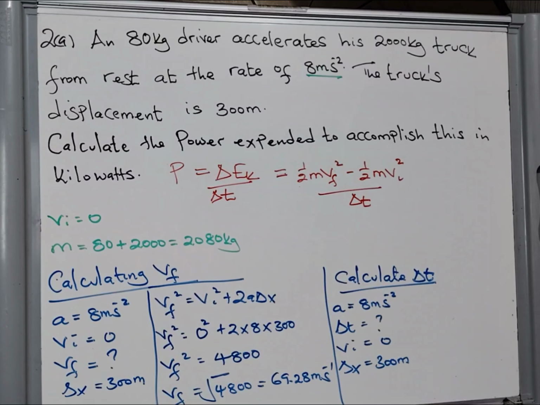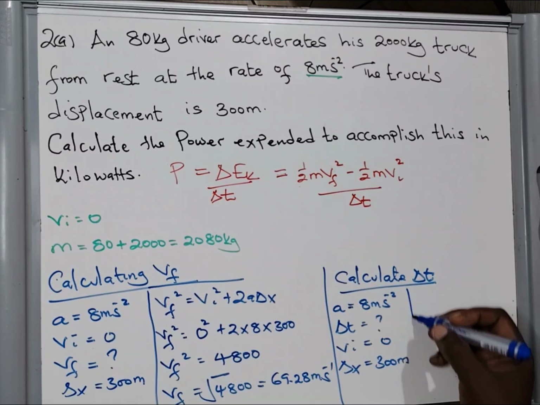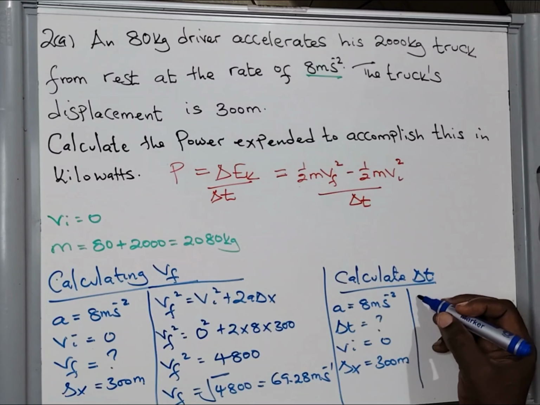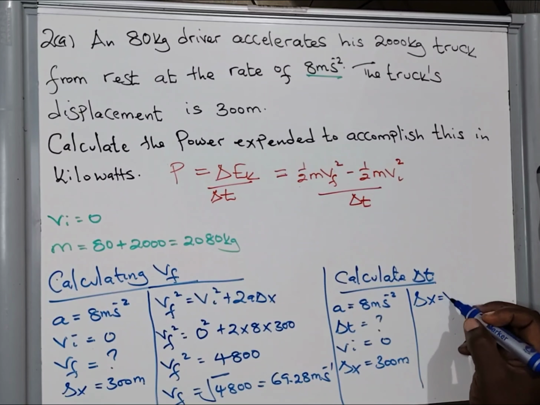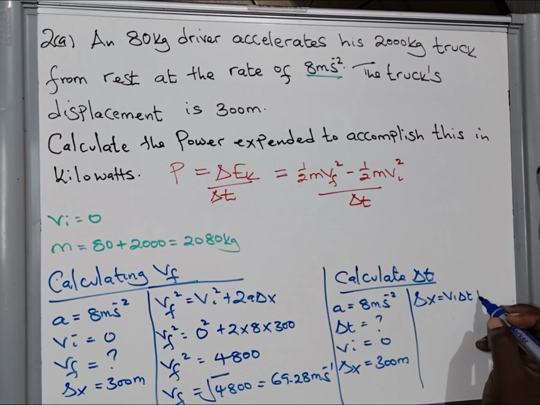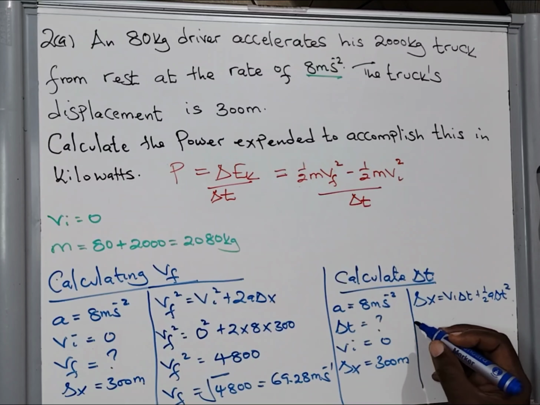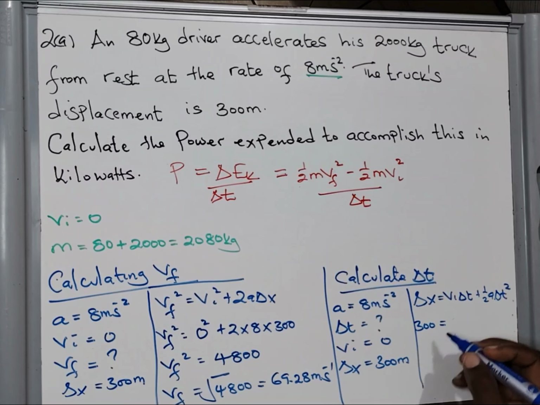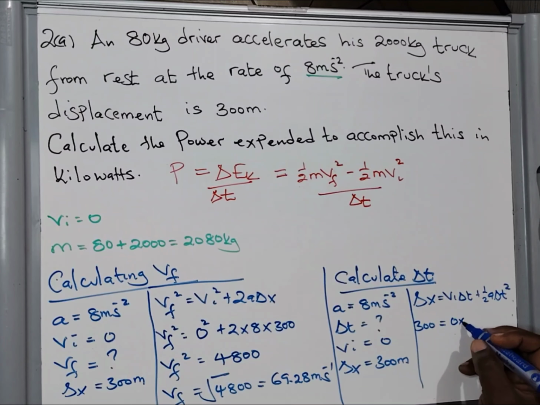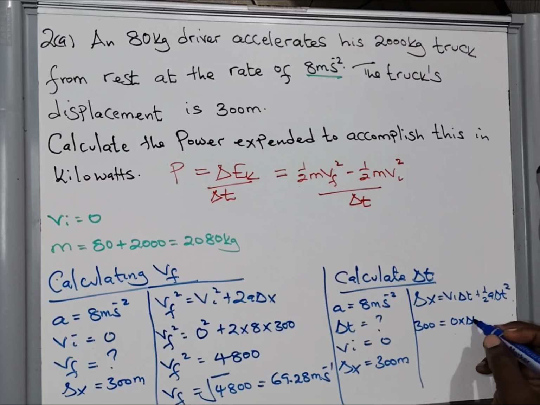With this, you look for the right equation. The right equation is this one: delta x is equal to vi delta t plus a half a delta t squared. Delta x, yes, we know it. It's 300. Vi is 0 times delta t, which we don't know. This one gives you a half times acceleration, which is 8, times delta t squared.